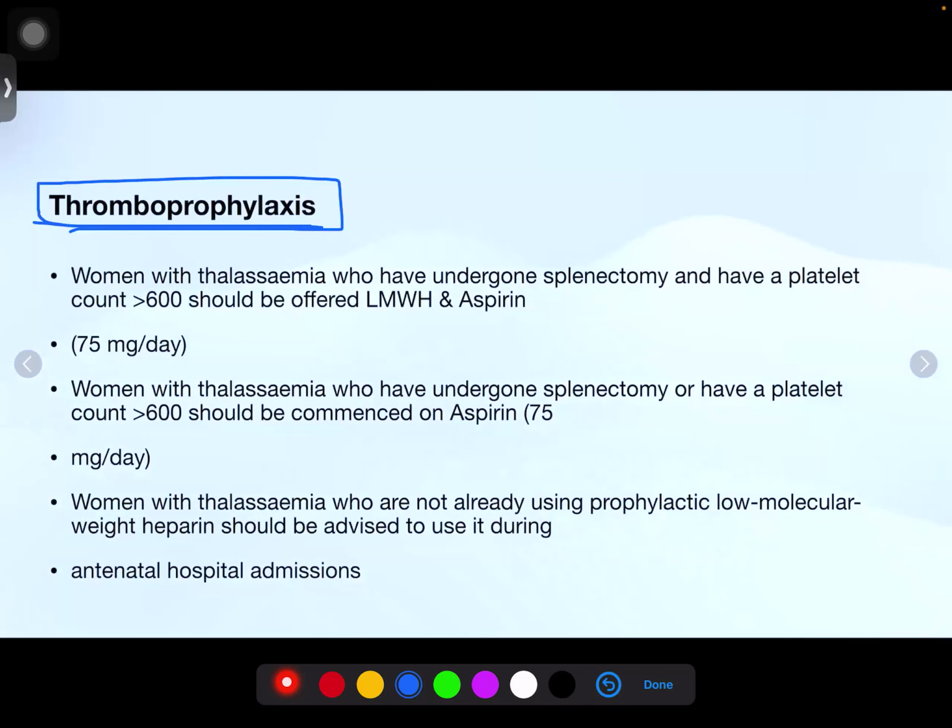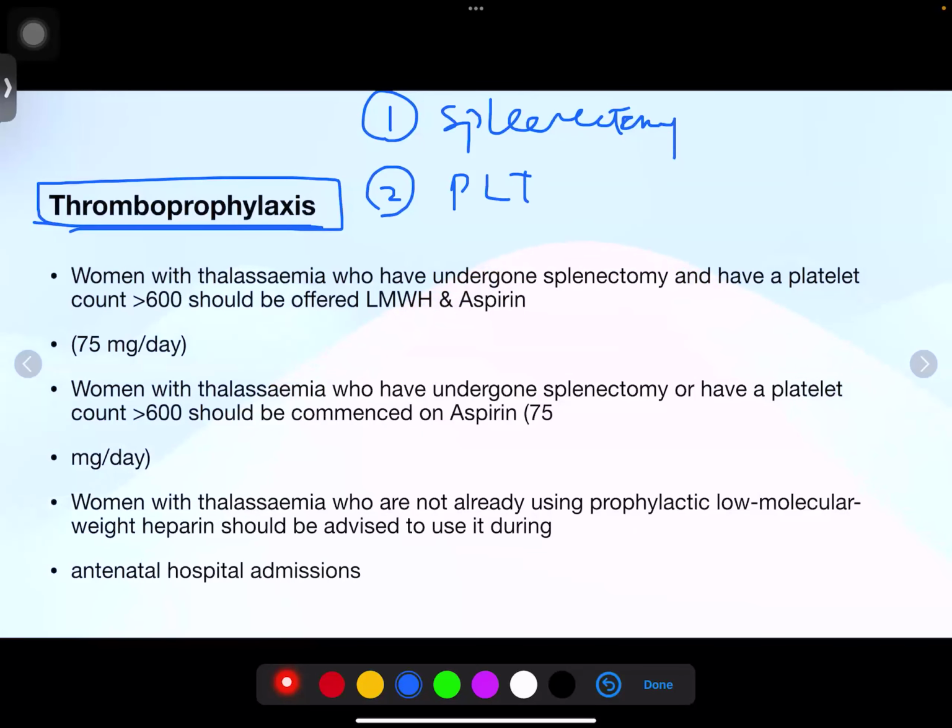Now, there are two things, one is the splenectomy. Whenever the question comes regarding the thromboprophylaxis, just see these two things: splenectomy and platelet count. Okay, if both things are present, splenectomy has been done and platelet count is more than 600, then they should be offered low molecular weight heparin and aspirin, both things.